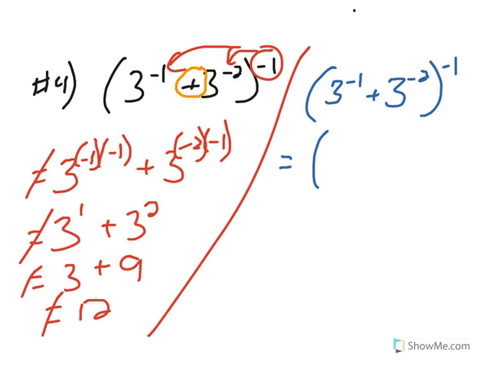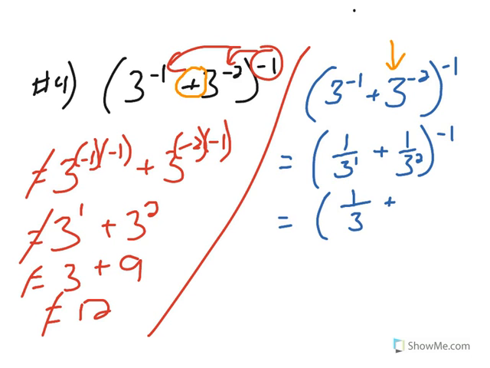3 to the negative 1, to make the exponent change sign to be positive, you reciprocate the 3. So it's 1/3 to the 1st. To make the second exponent, negative 2, positive, reciprocate that 3, it's 1/3, and then the exponent becomes positive. 3 to the 1st is 3. 3 squared is 9.